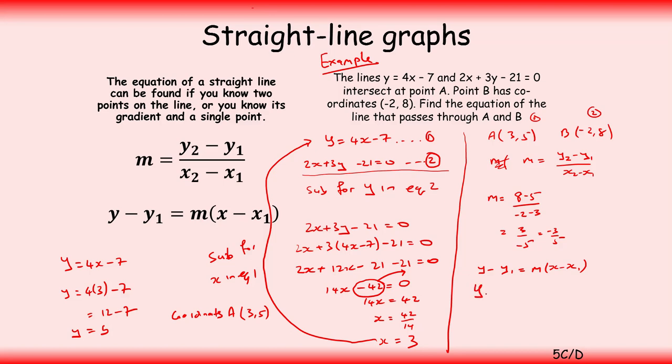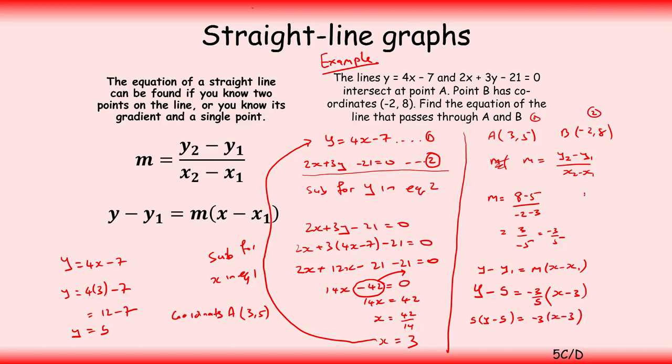So I've got y minus 5 is equal to minus 3 over 5 times x minus 3. To simplify, I'm going to multiply through by 5, so that gives me 5y minus 5 is equal to minus 3 times x minus 3.